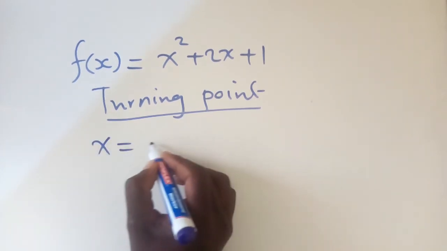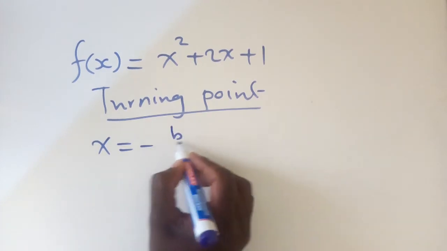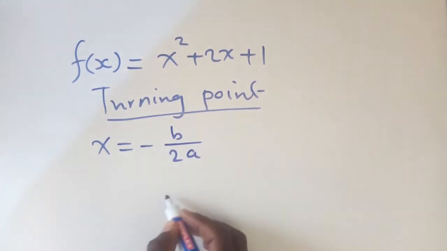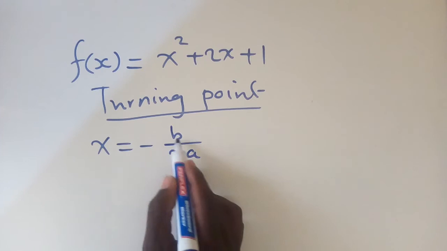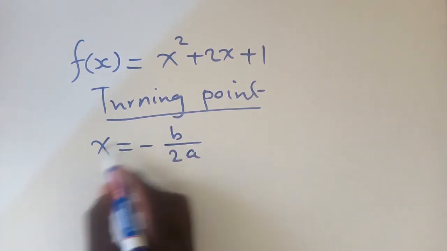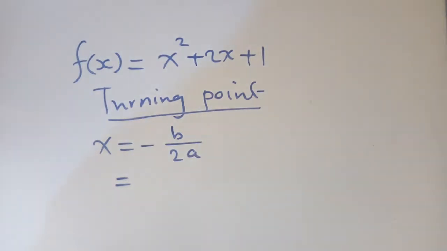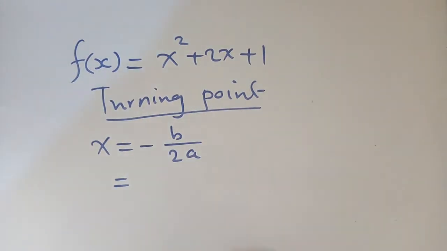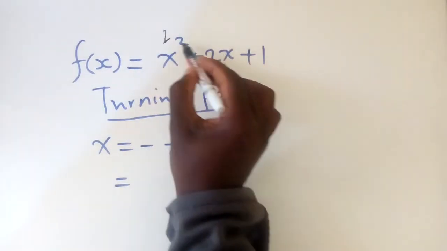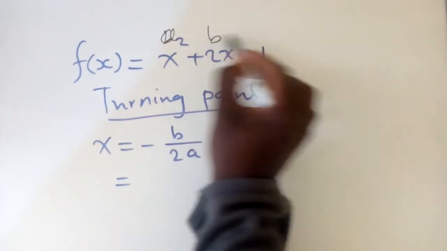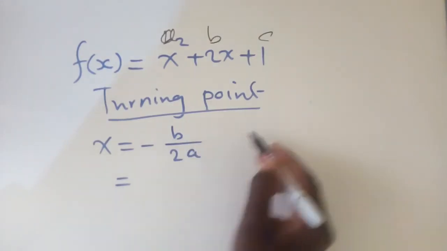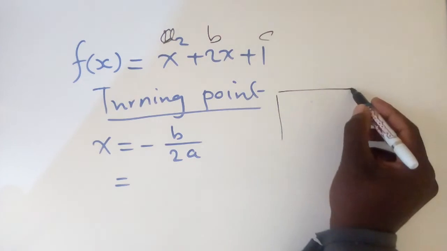For the x value, we have the formula. This is the formula we use. Once you get this formula, you can identify these values on your quadratic function. So this is A over here, B and C. For this formula, we only need two values.